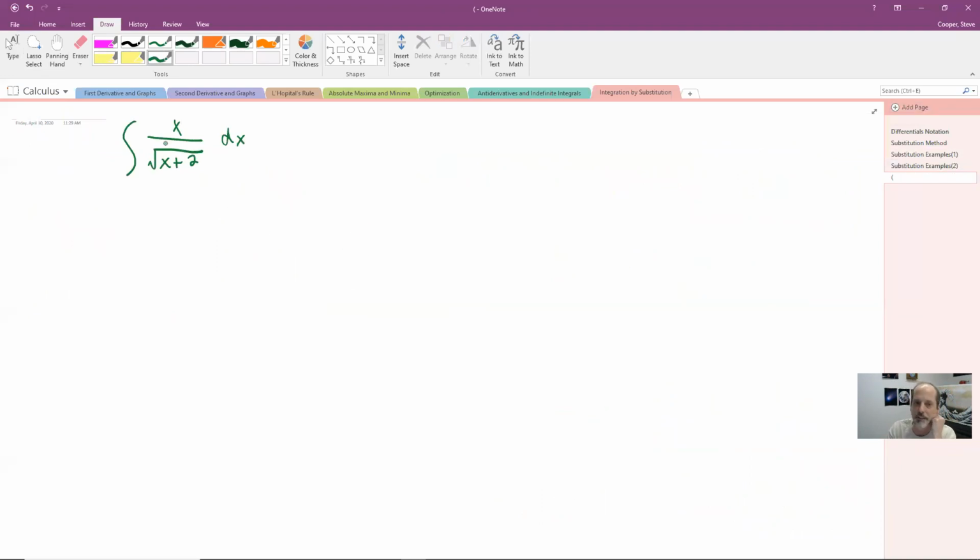Okay, this is interesting because when I let u equal something and take the derivative, I'm not going to jump down by a degree and match anything. But let's try what we think would work and see what happens. Well, it turns out to be not so bad.